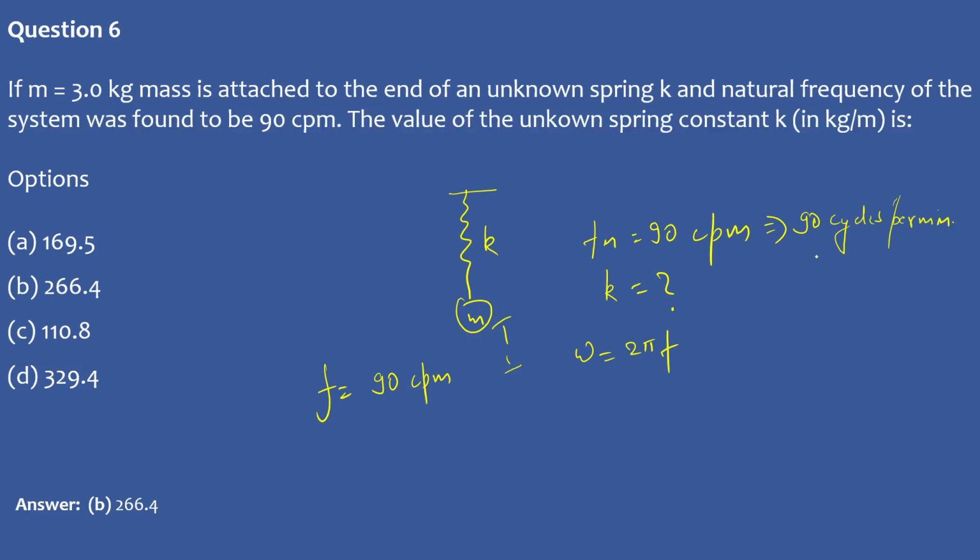That is also 90 by 60 cycles per second if we operate in our unit system, so that will be basically 1.5 cycles per second. So frequency is 1.5 cycles per second.